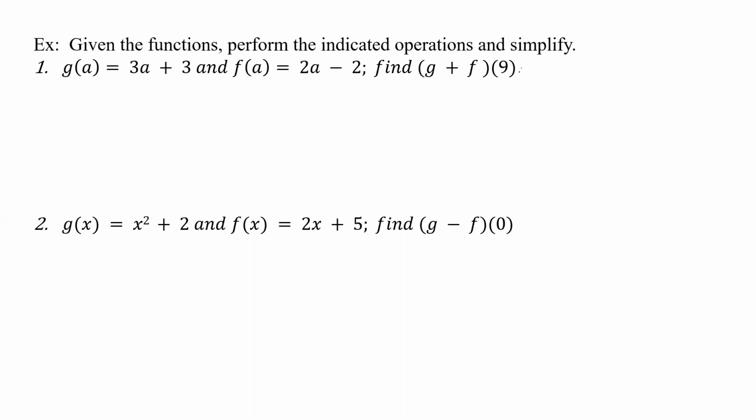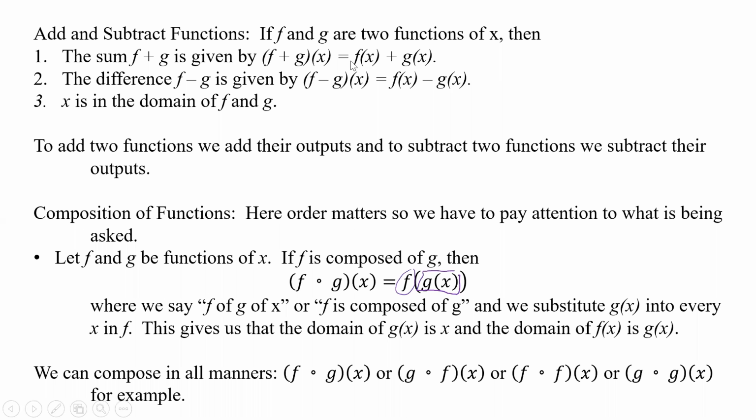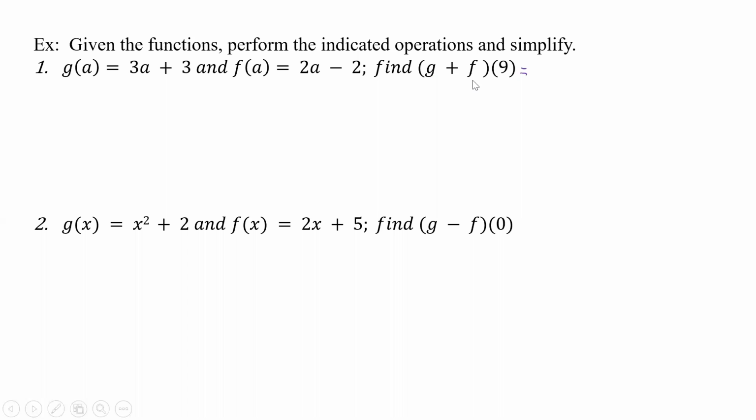Okay, well, remember, when we did this before, we could say that just becomes g(9) plus f(9), and that's what I'm going to rewrite it as. I'm going to plug 9 into g, 9 into f, simplify that, and then add them together.